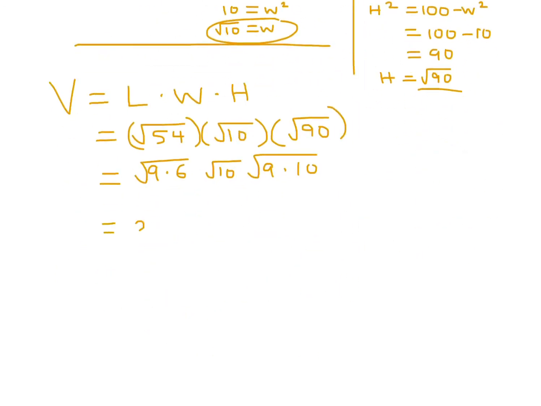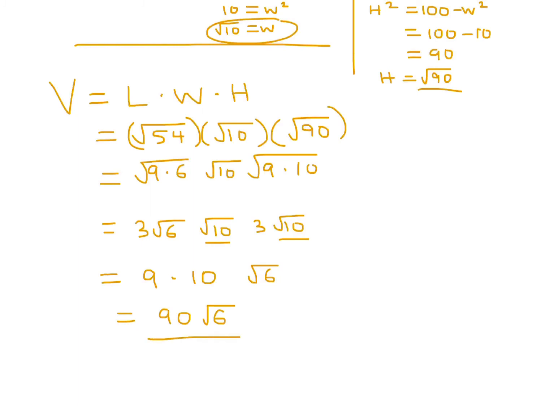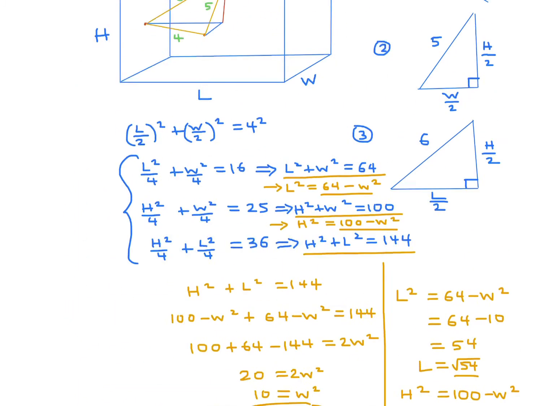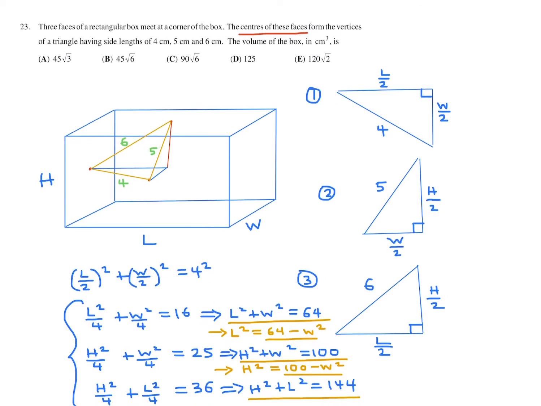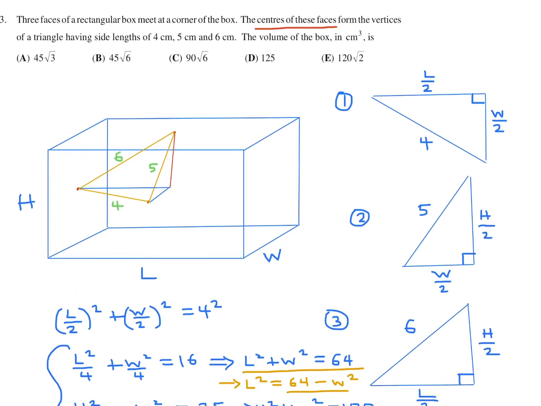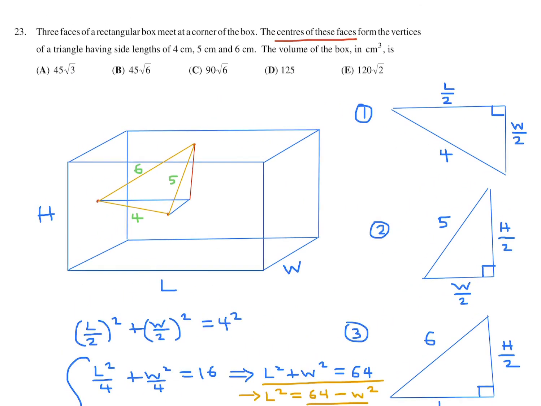And then this looks like 3 root 6, root 10, 3 root 10. So that becomes 9. And the root 10s actually multiply to become 10. And then you've got this lone root 6. So 90 root 6, simplified, is the volume. And let's see if that's one of the answer choices. 90 root 6 is choice C.